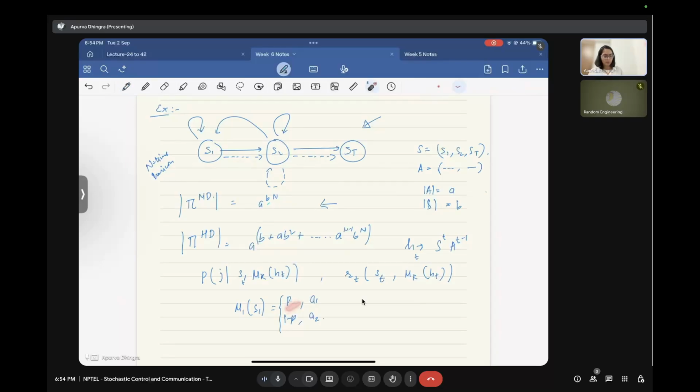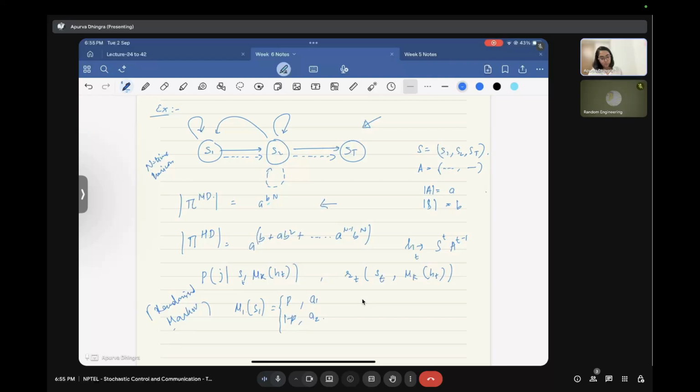So with some probability P you take action A1, and with probability 1 minus P you take the other action. That's a randomized Markov policy.